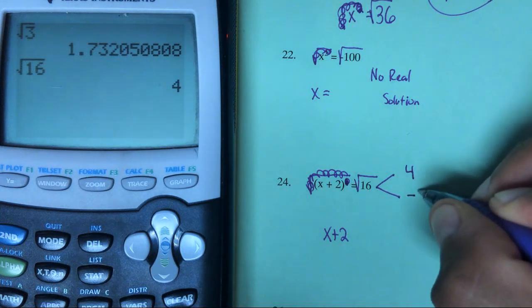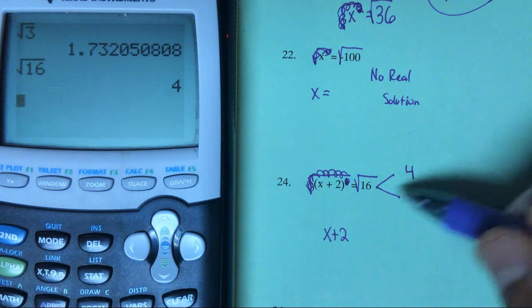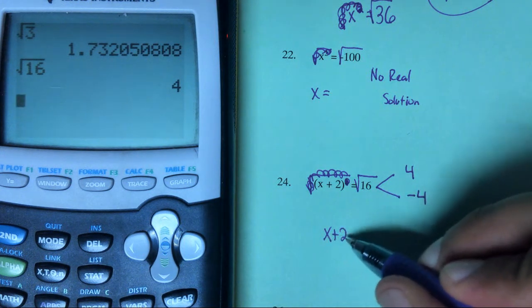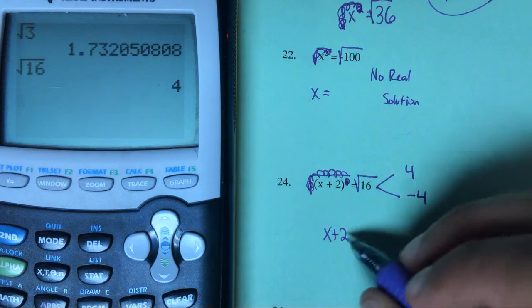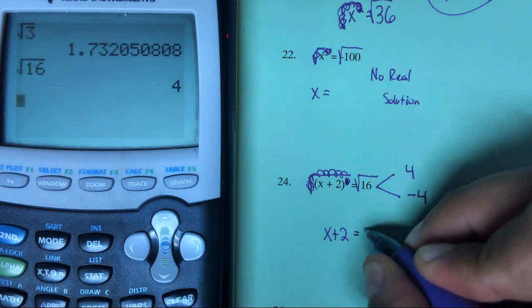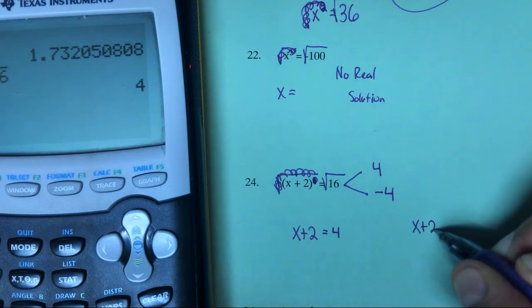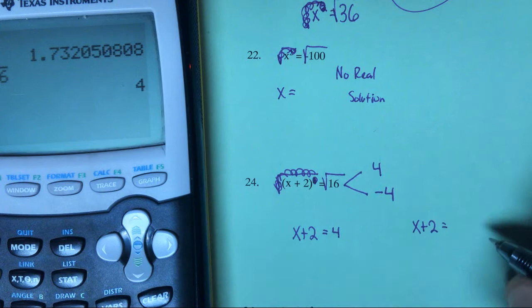We have a 4 and then we have a negative 4. Right? So once it splits into both of these, we have to set this equation equal to both. So the first time I'm going to set it equal to 4. The second time I have x plus 2, and this time I set it equal to negative 4.